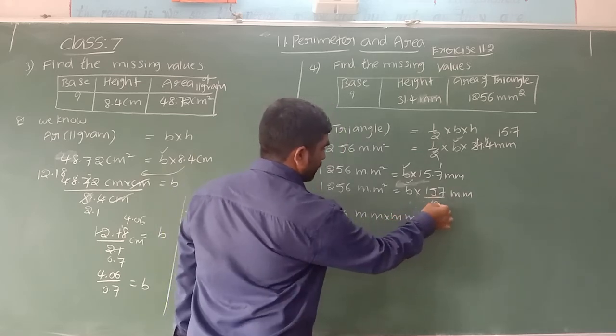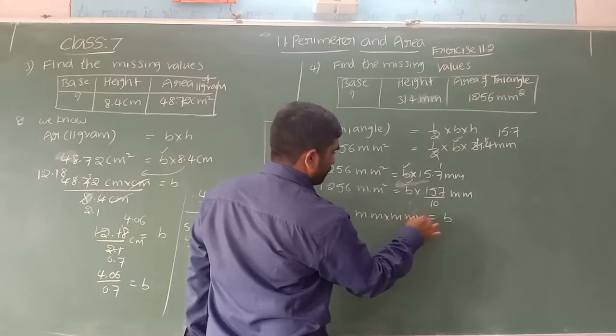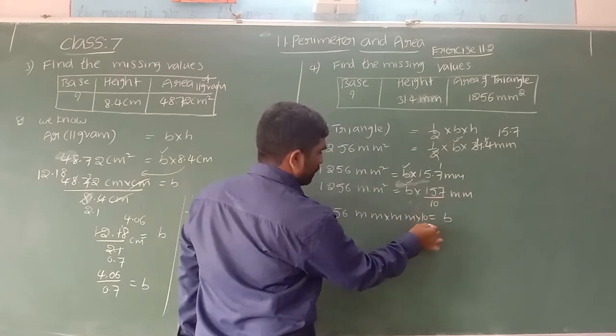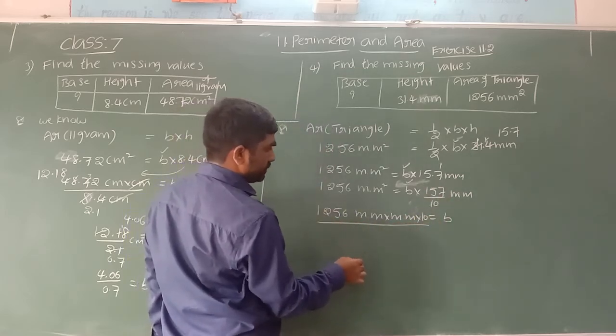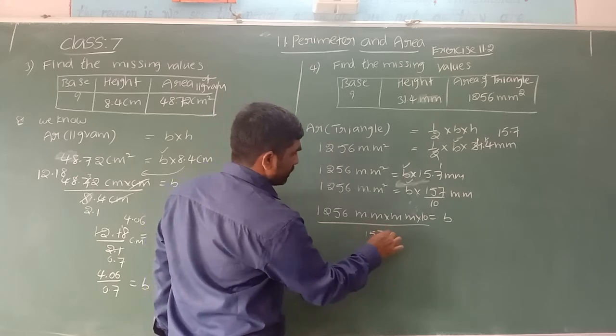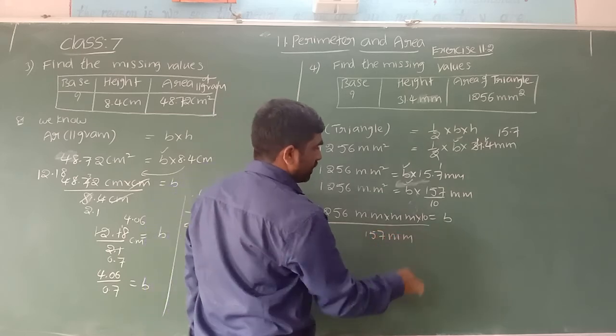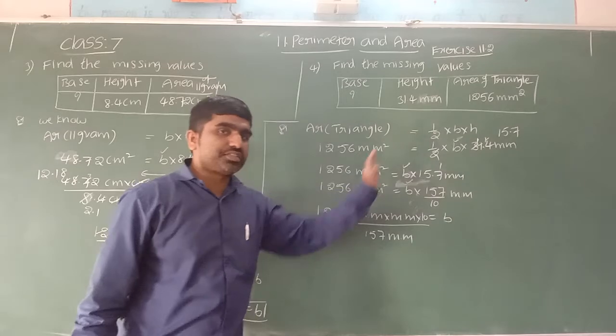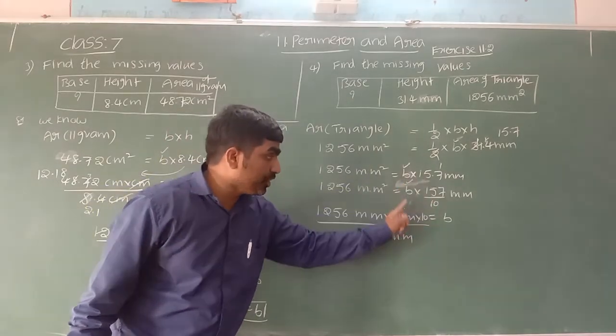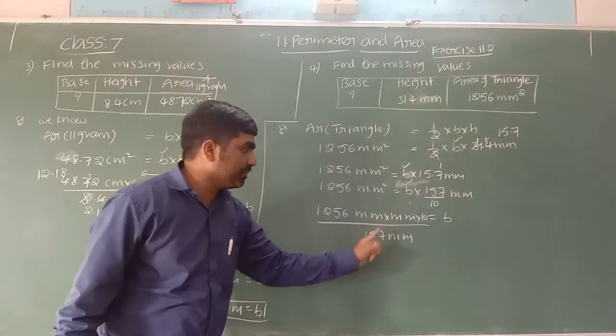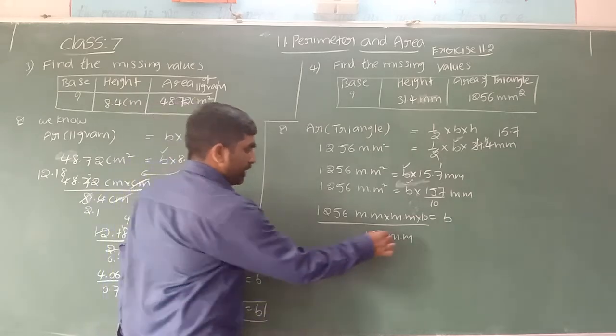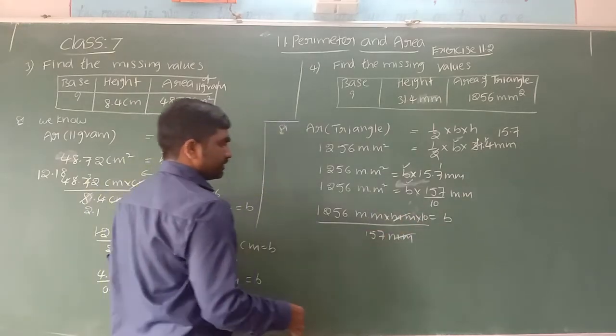Now this by 10, if you transpose into 10, this will become the denominator. 157 millimeter. When I transpose the fraction to this side, the denominator will become the numerator and the numerator will become the denominator. So millimeter cancels.